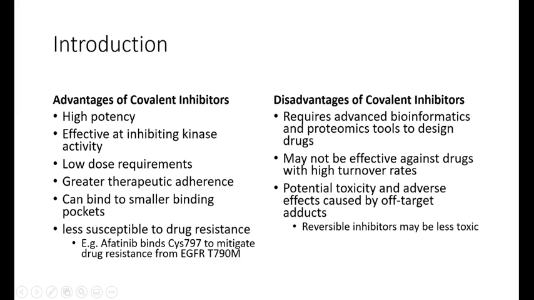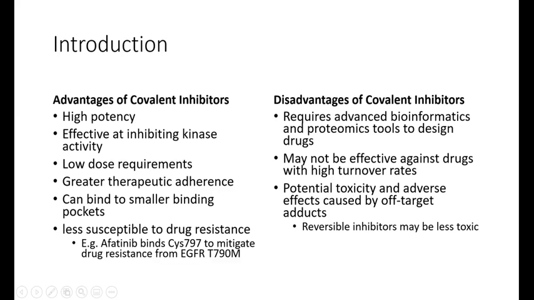Covalent inhibitors are also capable of targeting a range of proteins with shallower binding pockets, unlike traditional inhibitors, which require pockets with sufficient volume. High potency, low dose requirements, and extended durations of action can increase patient adherence to their medication routines. Also, protein targets are less likely to develop drug resistance to covalent inhibitors.